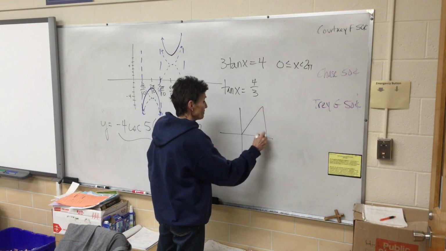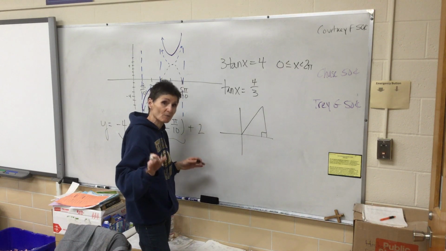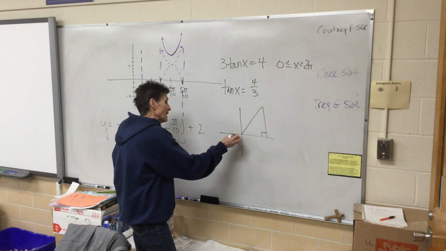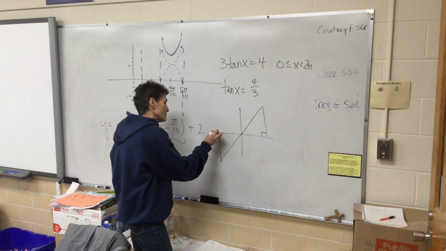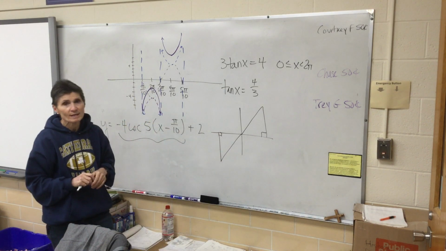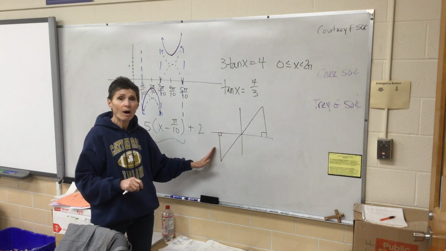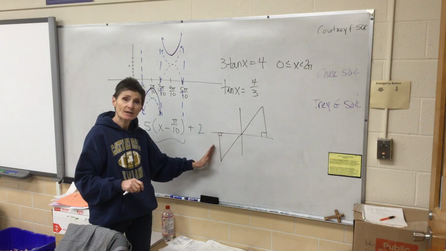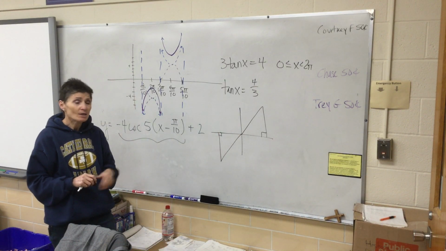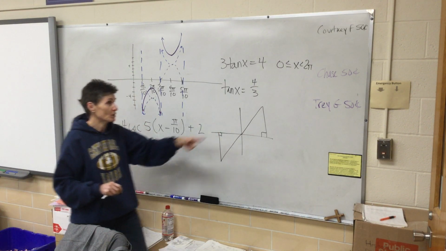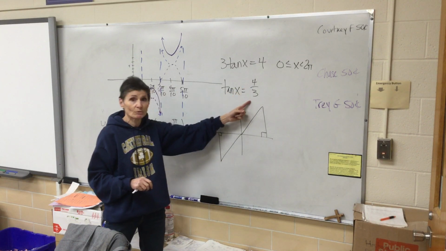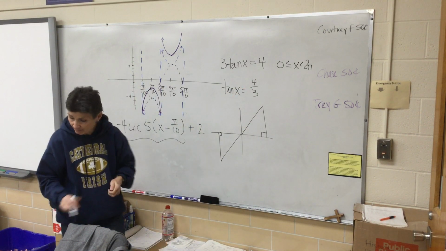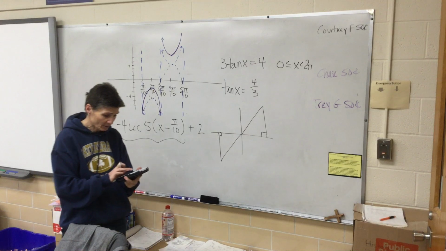Well, it's positive in quadrant 1 because everything's positive in quadrant 1. And it's also positive in quadrant 3 because in quadrant 3, the x and the y, the adjacent and the opposite, are both negative. So when you make your tangent fraction, y over x, opposite over adjacent, it comes out positive.